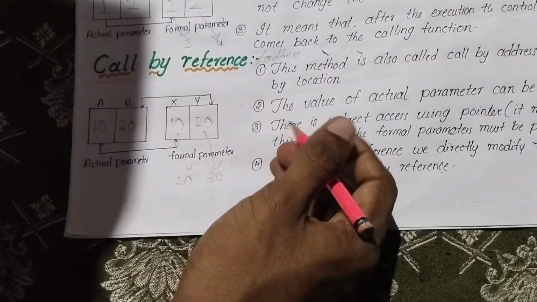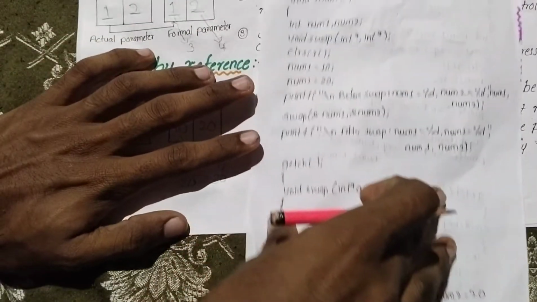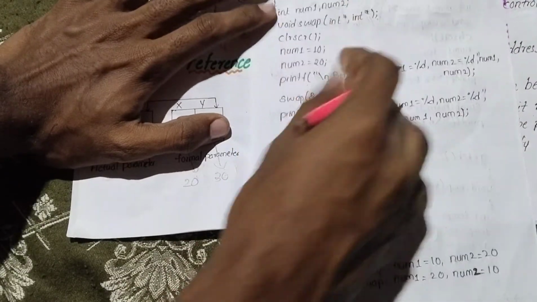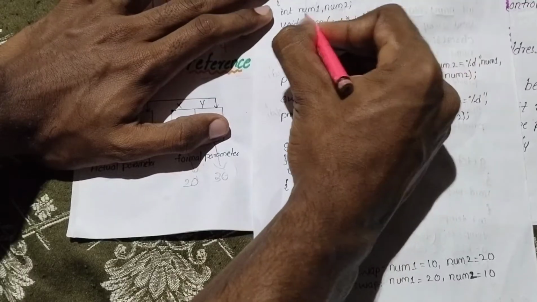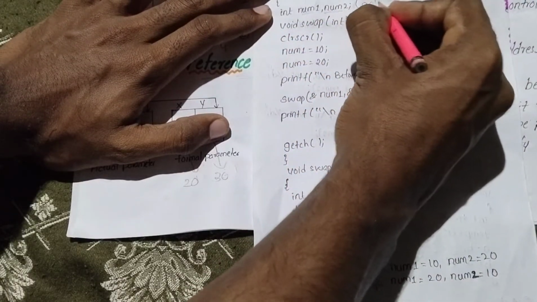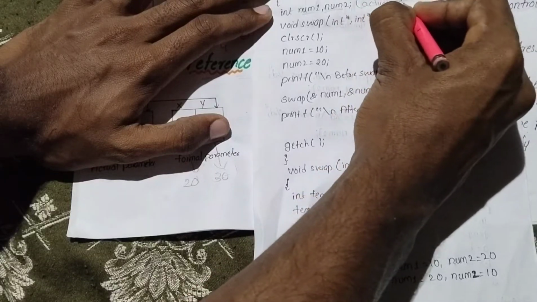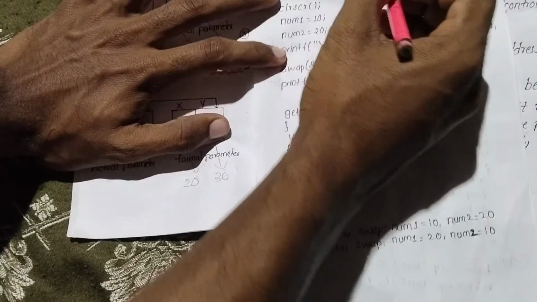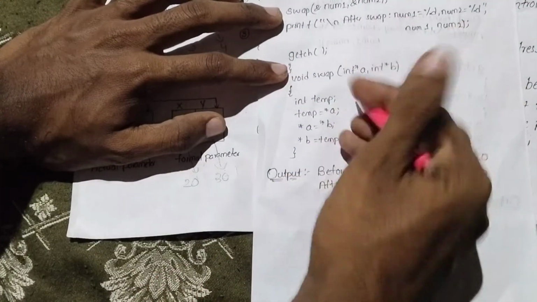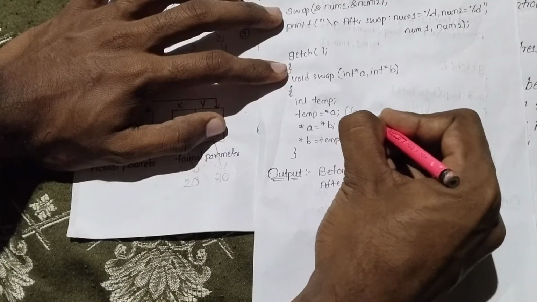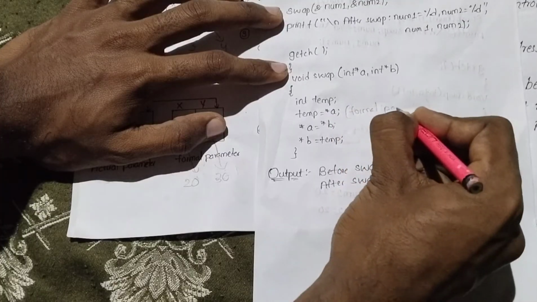Now let us see an example C program to understand this in a better way. Here in this program for swapping of numbers, the variables number 1 and number 2 are known as actual parameters, and the variables A and B are called formal parameters.